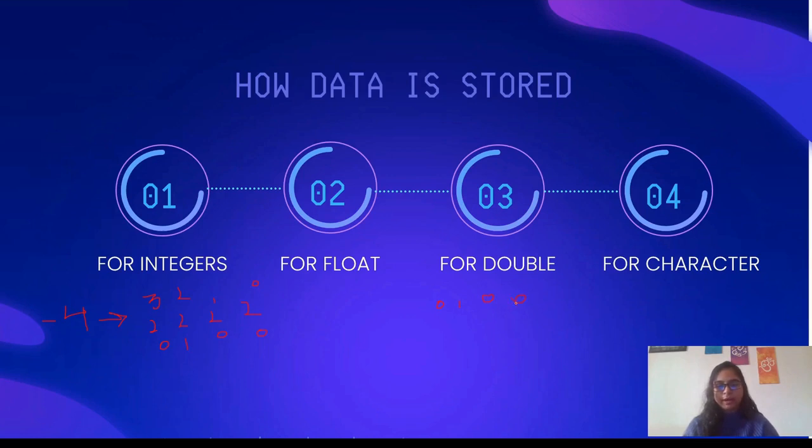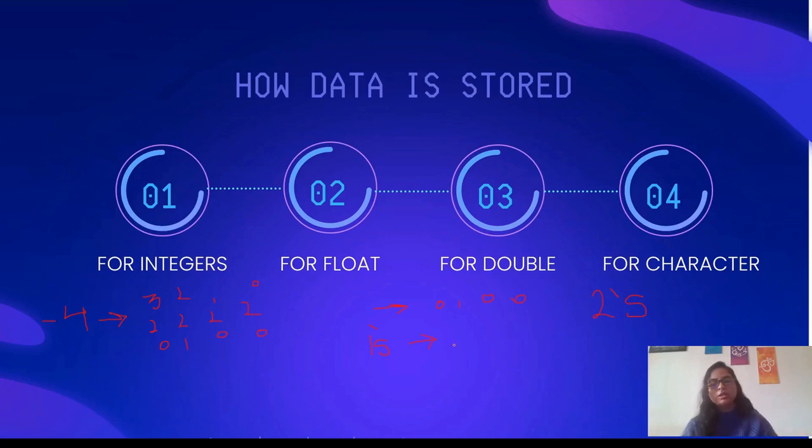Excuse me for the bad writing as I am using a laptop. So this is my binary representation of 4. Now this particular thing will be converted first. As I said, we need to use 2's complement. So for 2's complement, first convert this into 1's complement. What will be the 1's complement of this number? We just need to invert it.